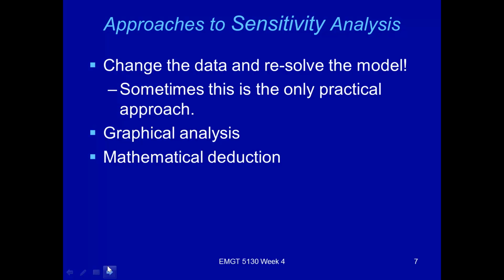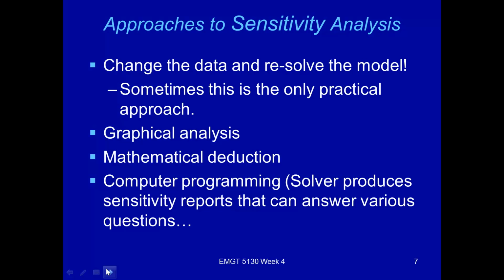The objective function values, objective function coefficients, right? So for that part, we should be able to calculate using mathematical deduction how much those values can change without changing the optimal solution. And fortunately, we don't have to do that by hand because Solver produced this sensitivity analysis report for us.